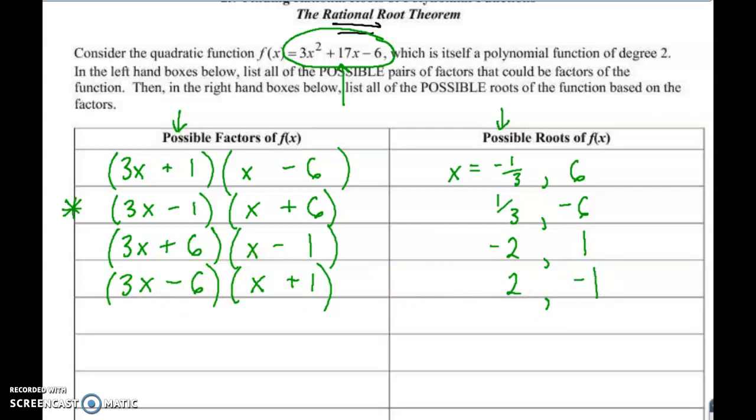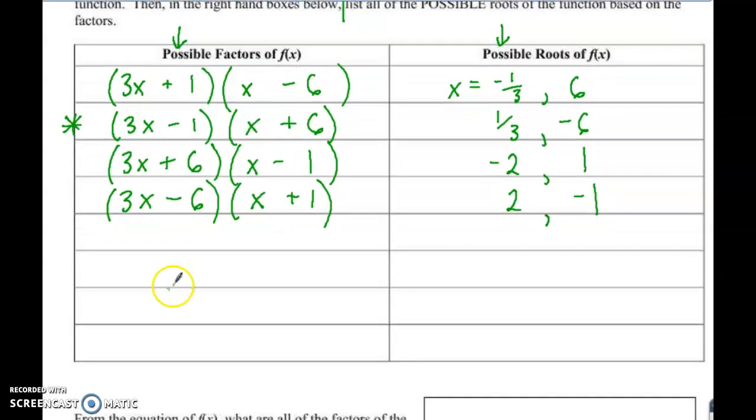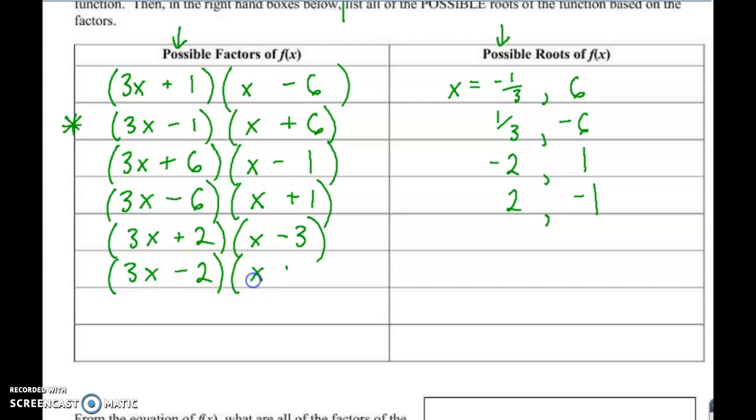But even all of those possibilities are not it, because I didn't have to use 6 and 1. I could have done 2 and 3. Because 2 times 3, whoops, I didn't want a plus there. I wanted one to be minus, sorry. 2 times negative 3 would give me negative 6. But again, I didn't have to make the 2 positive. I could have had the 2 be negative and the 3 positive.